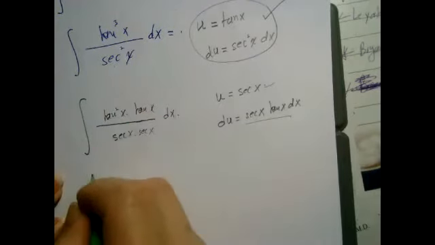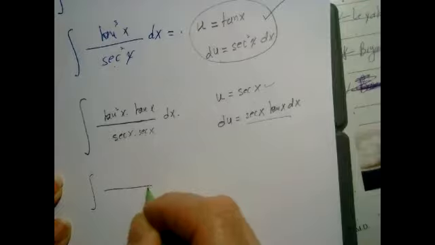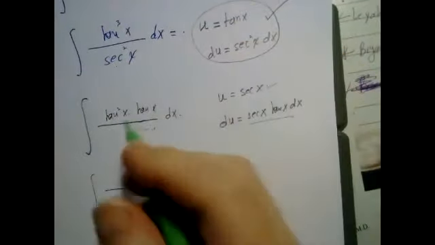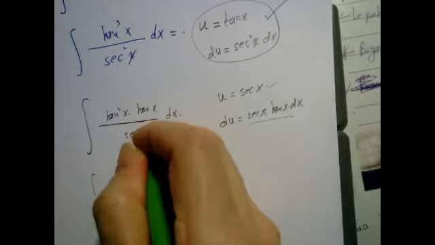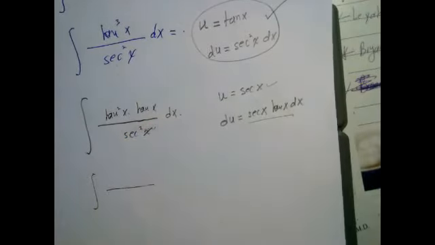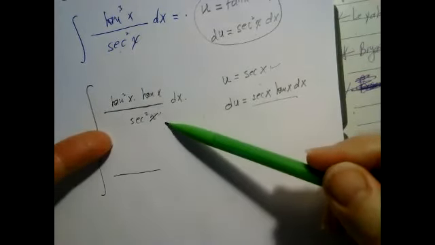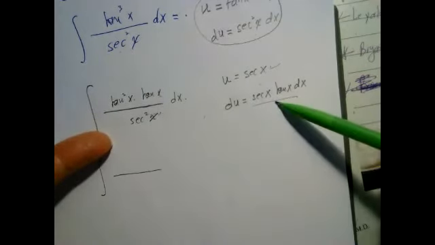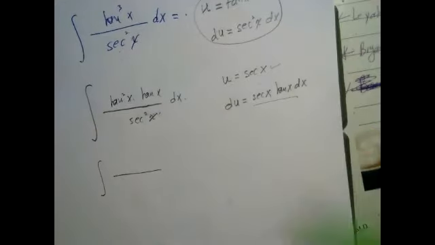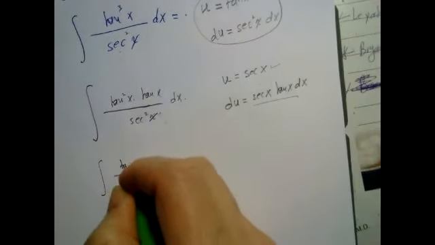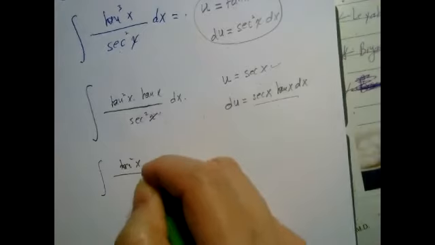So what they are suggesting is the following. I'm going to keep a secant square for now. They are suggesting to multiply numerator and denominator by secant, so they can bring this into the picture, which is actually absolutely correct.